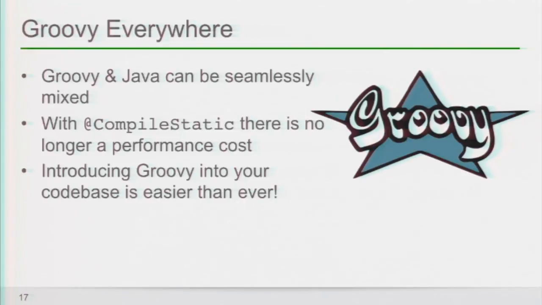But now there is. If you can standardize this across the team, you can add compile static to all your Groovy code. It gets compiled down to bytecode in a very similar fashion. There are various performance comparisons online you can go and check out, but essentially, the performance difference between Java and Groovy with compile static is basically zero.